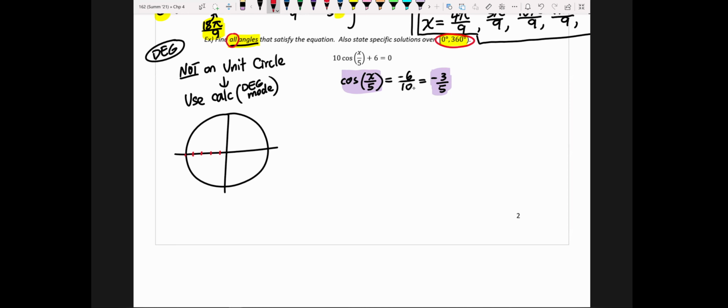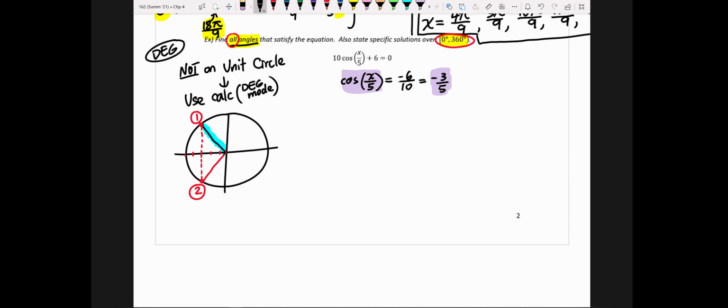So -3/5 is about here. Remember that your calculator is only going to give you the solution in the restriction. So for inverse cosine, restriction 0 to pi, it's only going to give you one solution. It's going to give you number 1 here. We need to find number 2.